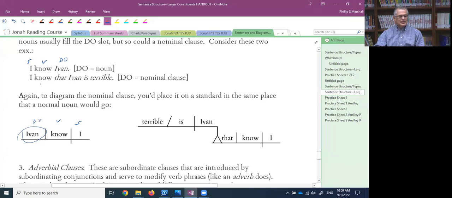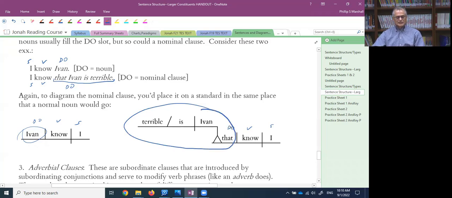But look at this next sentence. I know, subject verb, but what is the direct object here? It's not a single word, is it? It's the entire clause. That Ivan is terrible. That's what I know. So in my sentence diagram, I've got subject verb, I know, but the whole that clause is occupying the direct object slot, isn't it?